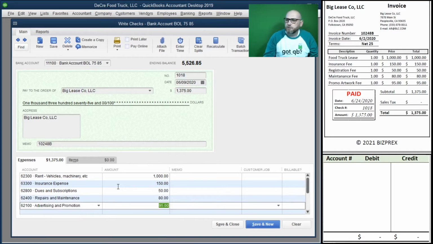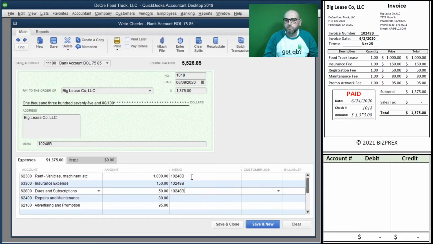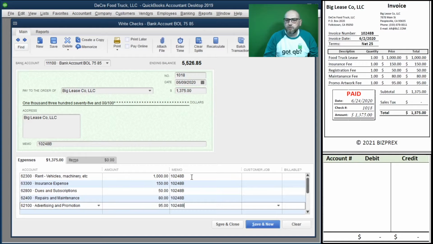We have our advertising and promotion, right? We're paying for that wonderful promo painting that they did on our food truck, and instead of paying for it all up front, we're paying it over time. So here we are, right? We have multiple expense accounts being debited, and we have our bank account being credited, right?